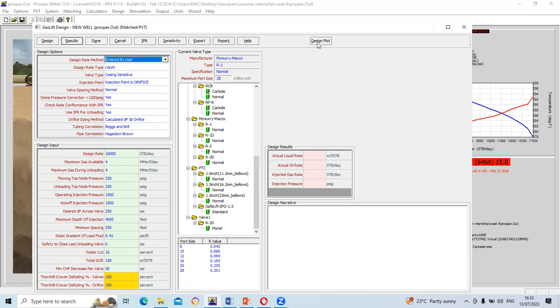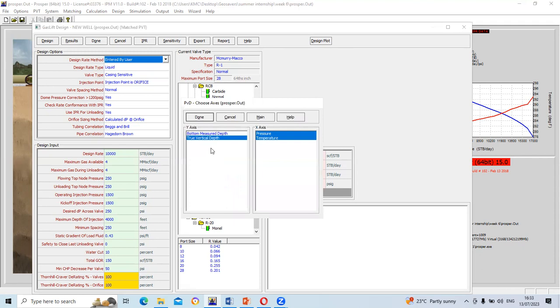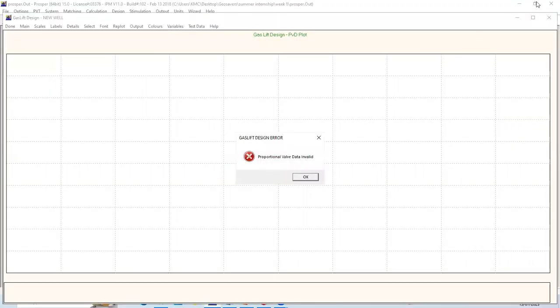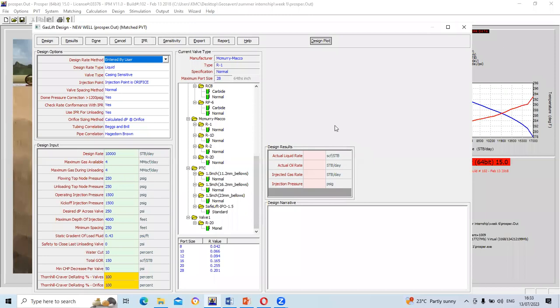We have designed this. So let me see vertical depth, bottom measure. Question about data invalid. The maximum depth of gas injection. I think there's an issue around here. Let me put it at 3,000. Let's see.